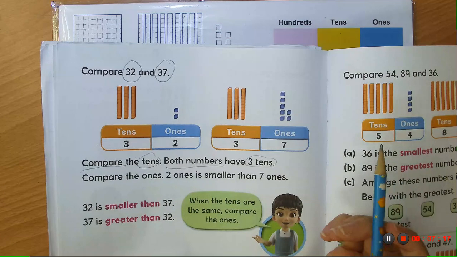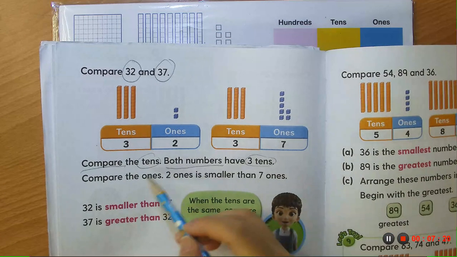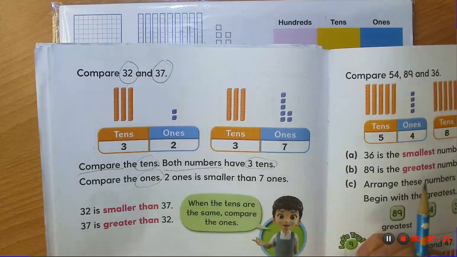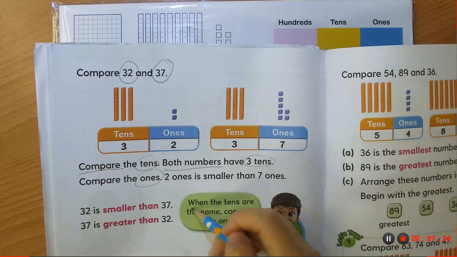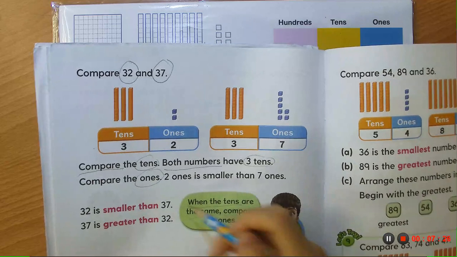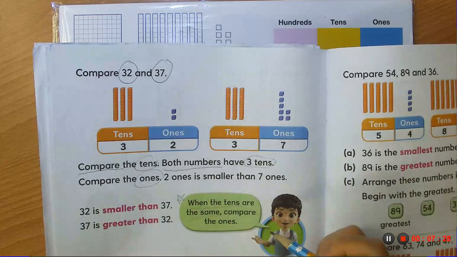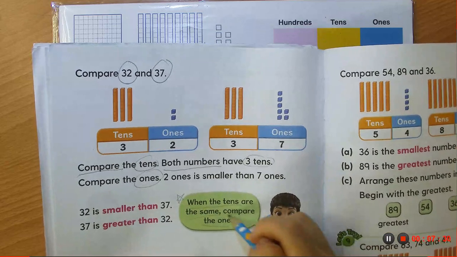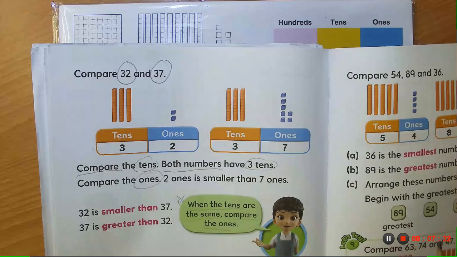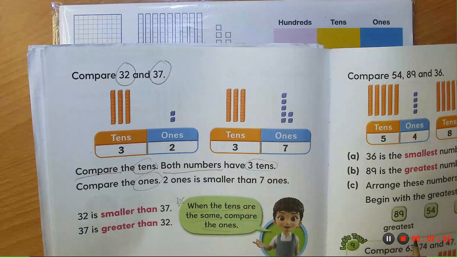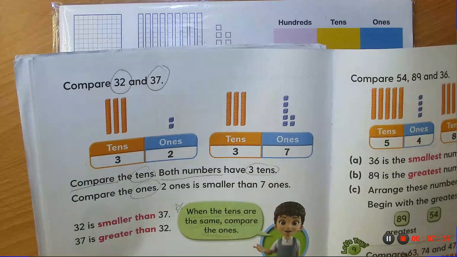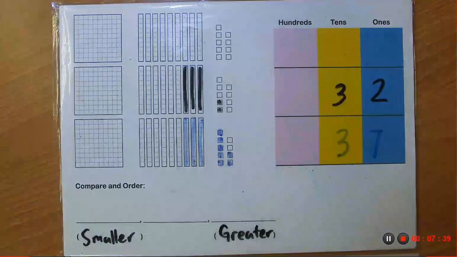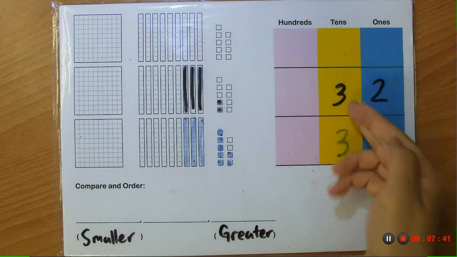So we have to go to the ones place to compare the two numbers, because when the tens are the same, compare the ones. So here, the tens are the same.